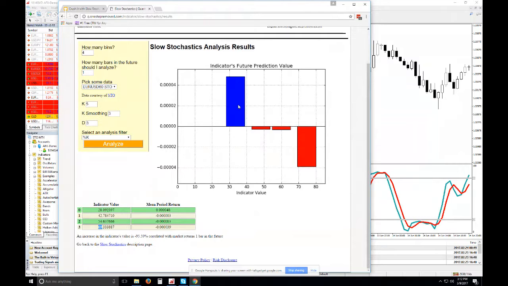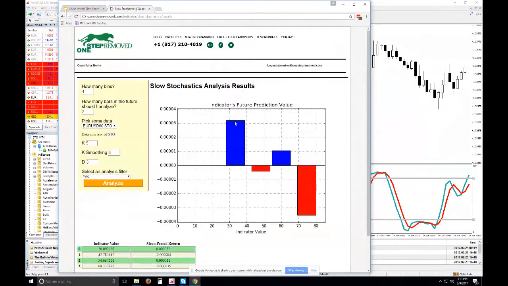But let's take a look and see how these default settings might change as we go further into the future. So we've clearly demonstrated that this appears to predict 1 bar in the future. Let's see if we can get these bars to go up, if we can get even stronger predictions. And what you find is that it's actually gone down slightly.